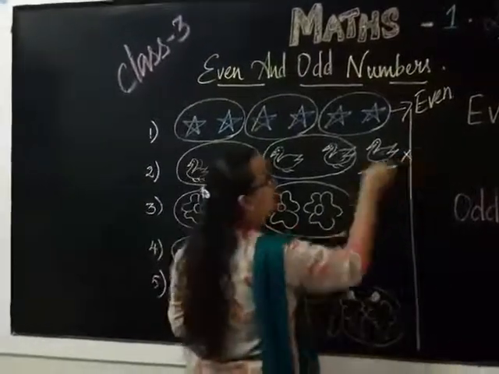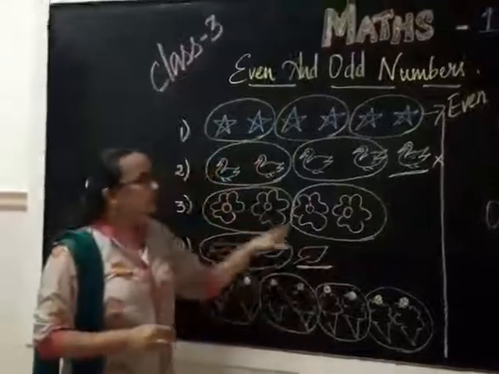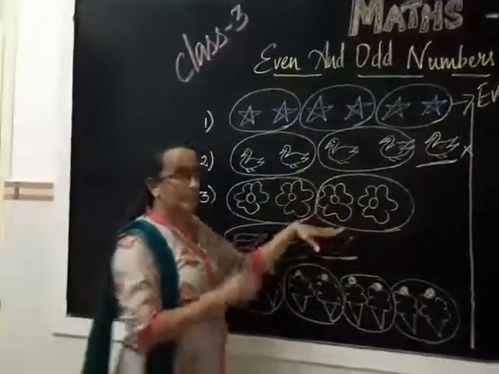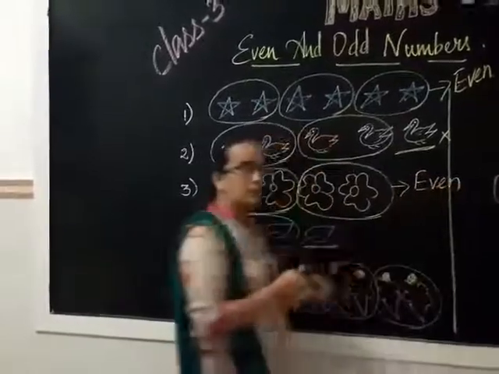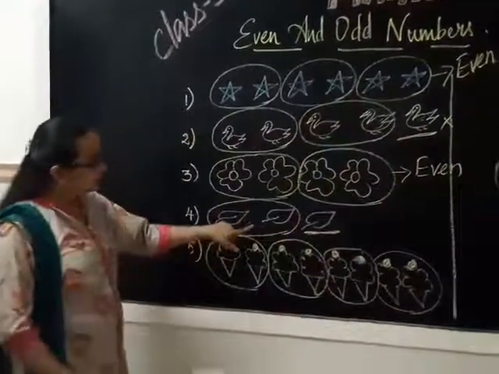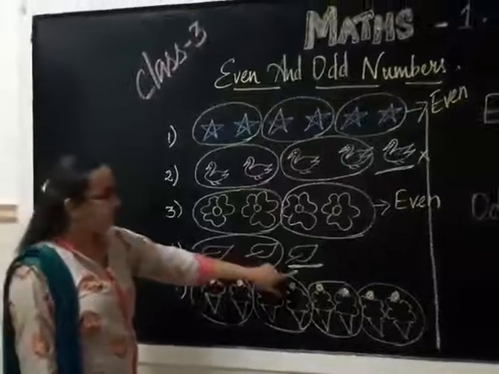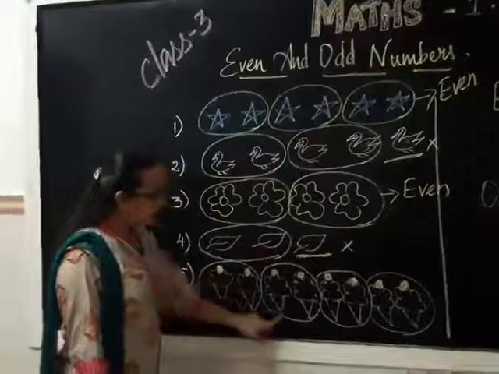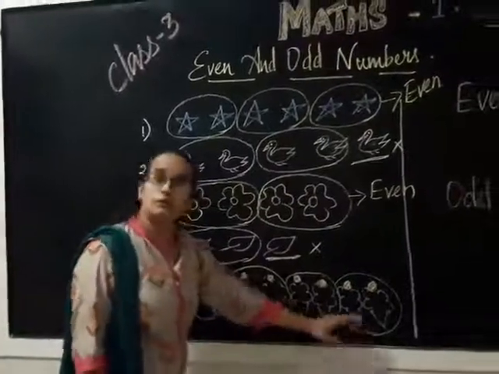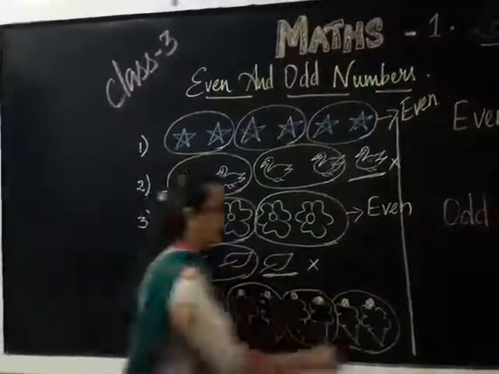So it is not called even numbers. This is pair, so it is called even. This is even, evenly distributed, equally distributed. This has one left, so it is not even. This, there is no left over, so it is pair, it is even.